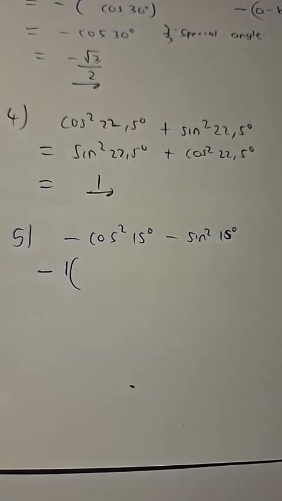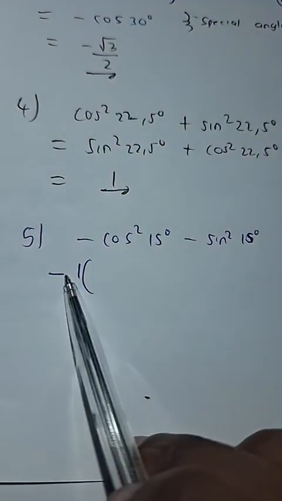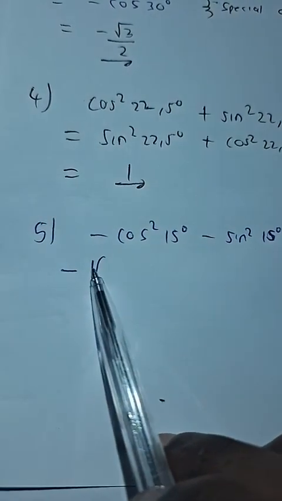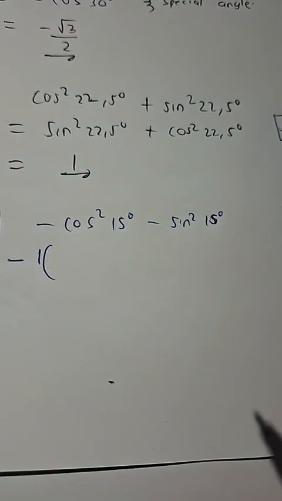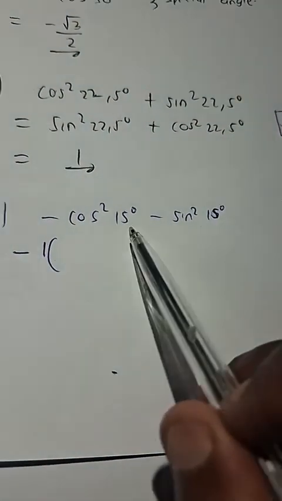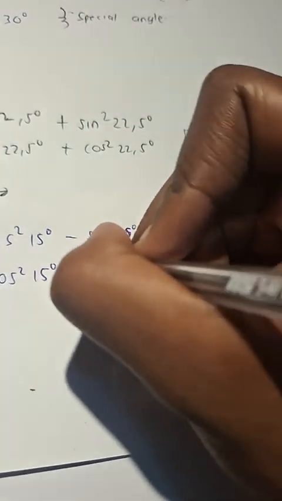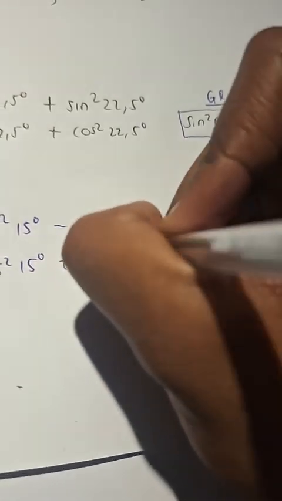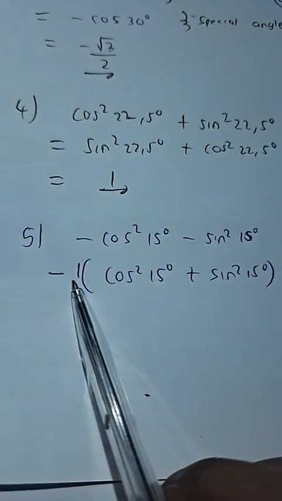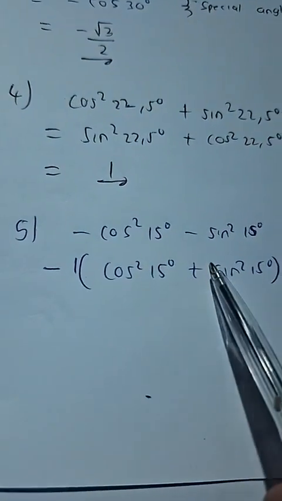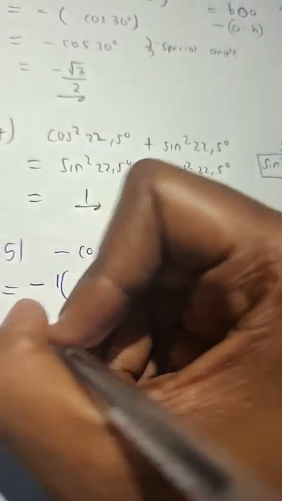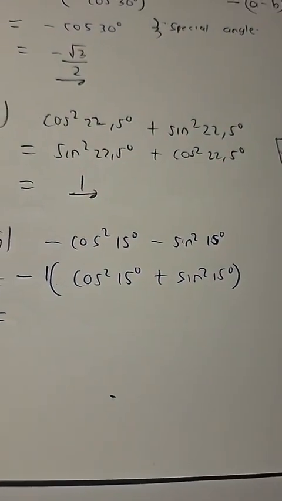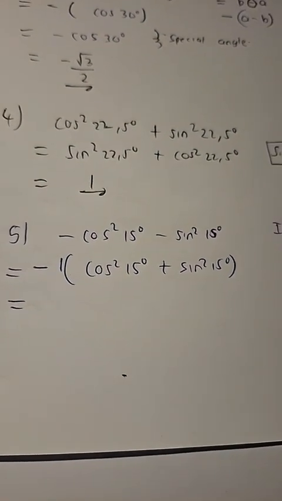Negative 1. Okay, that's the highest common factor in number. Highest common factor sign and number. There's no letter, of course. There's no common variable or common trigonometric ratio. Then we're left with what inside? Cos squared 15 degrees plus sine squared 15 degrees. Because if you take out a negative sign, this first term becomes positive, the second term becomes positive. Okay, so this is what they mean by without using a calculator, the steps you need to see very clearly.